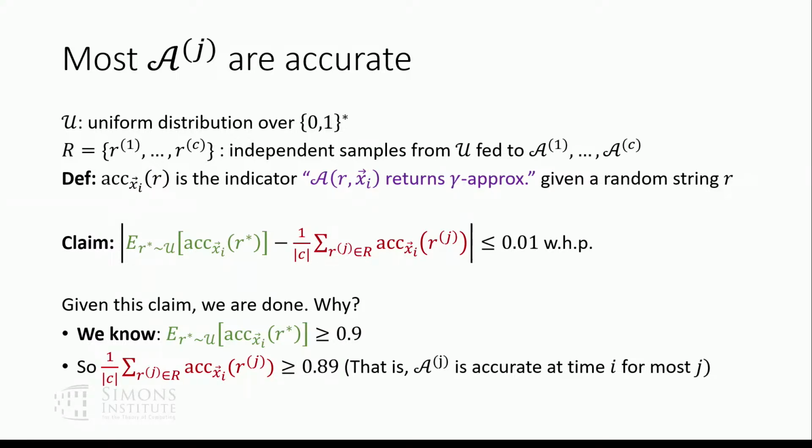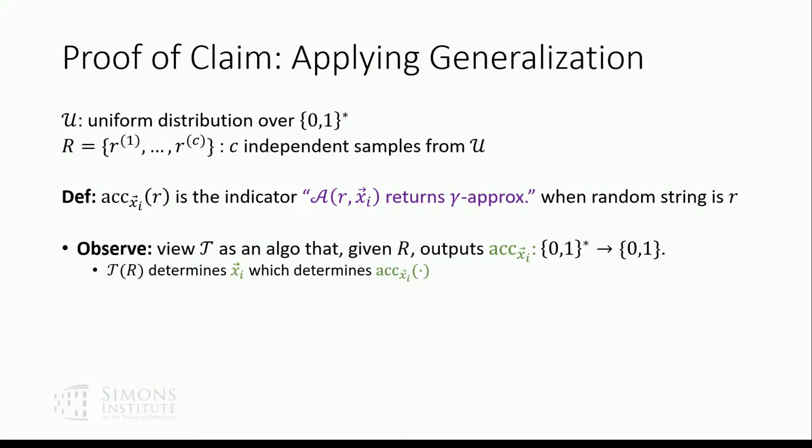So now I just need to show you why this expectation and empirical average are close to each other. Well, we of course use generalization, and what we're going to do is view this transcript as an algorithm that, given the collection R, outputs this predicate.